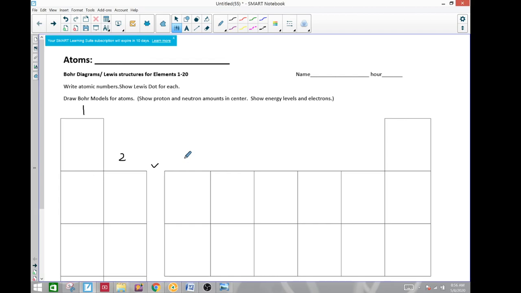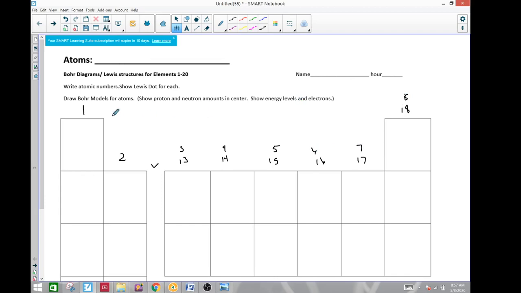So sometimes we say it's the third column, but it's actually 13, 14, 15, 16, we have 17, and we have 18. So number of valence electrons here is 1, 2, and then it's 3, 4, 5, 6, 7, and 8.